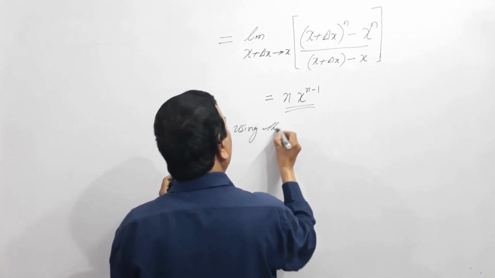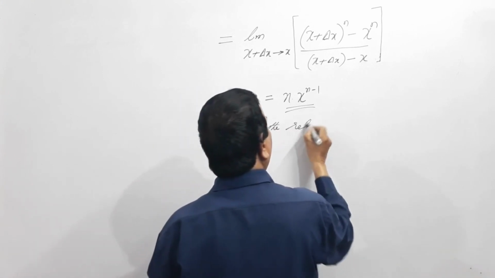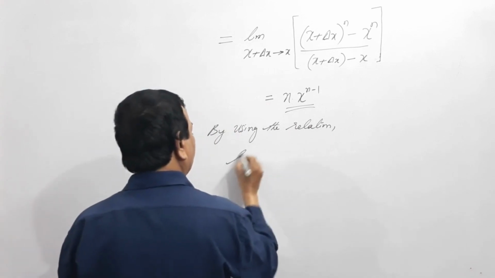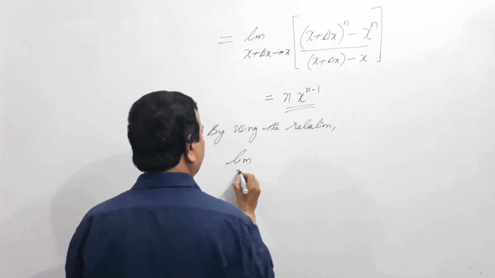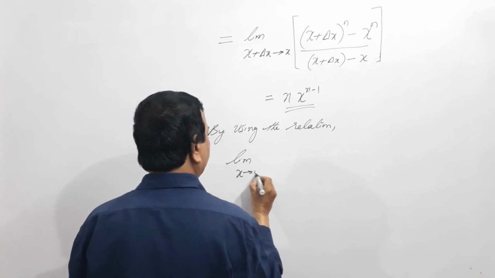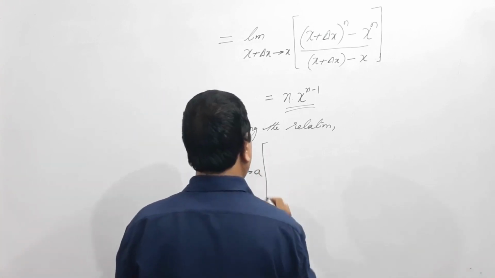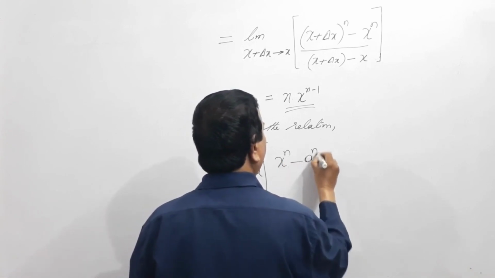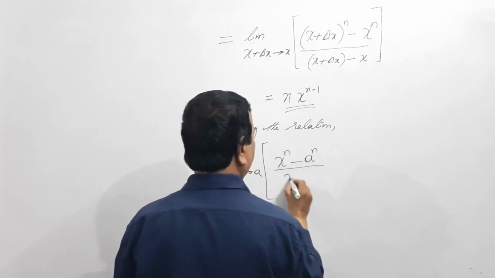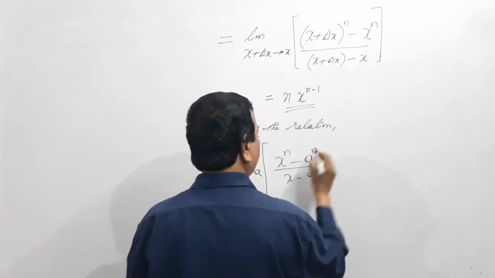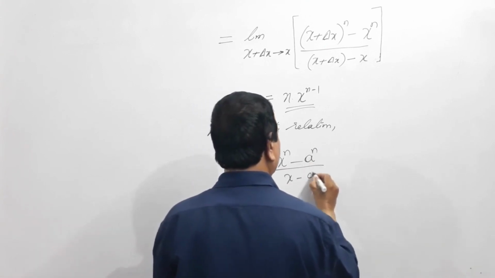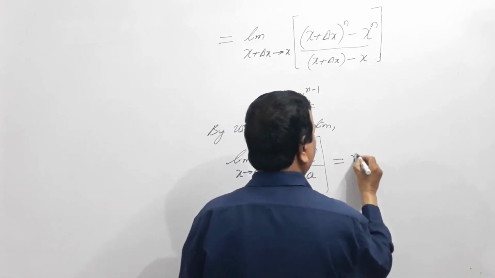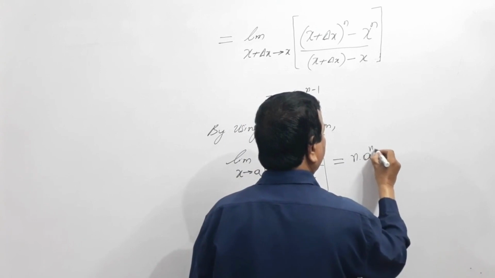By using the relation limit x tending to a, x to the power of n minus a to the power of n by x minus a equals to n into a to the power of n minus 1.